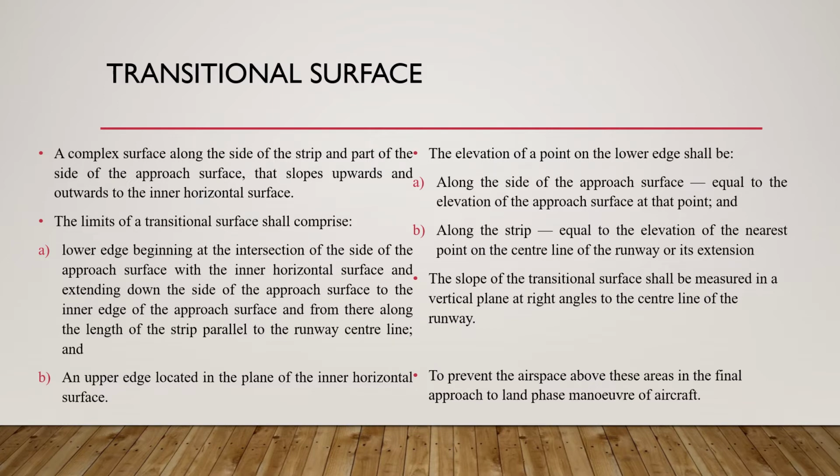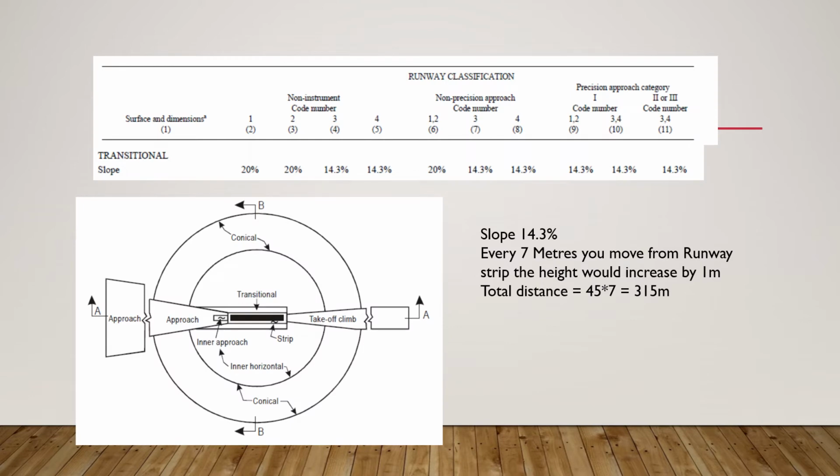When the aircraft is closer to the airport, it is required to prevent any infringement of this airspace until the time the aircraft is safely on the runway. The table in this slide gives an indication of the slope of the transitional surfaces with reference to the runway classification types.